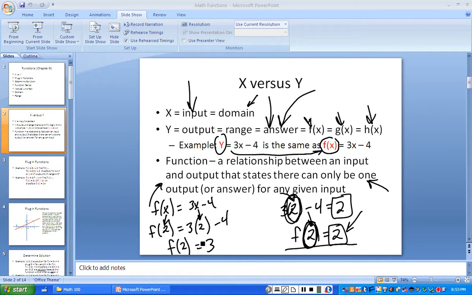That's wrong. It does not happen. Every time I plug in 2, I should get an answer of 2.